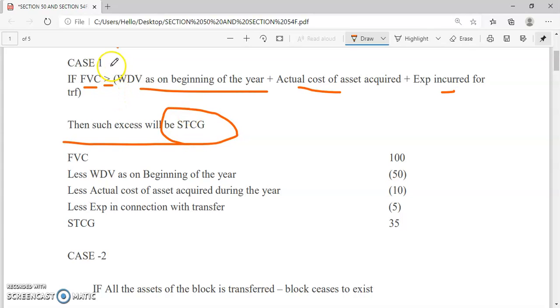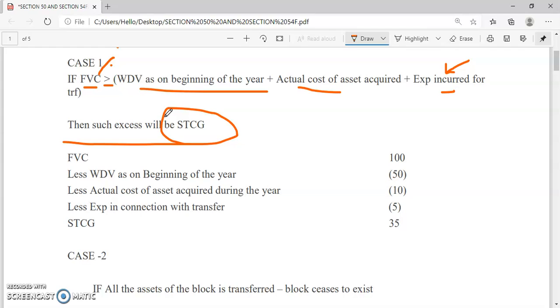So here the full value of consideration you can determine very easily as the amount at which you have sold. You can also determine the expense incurred for the purpose of transfer. So full value of consideration less expense incurred for the purpose of transfer will be the net value of consideration.